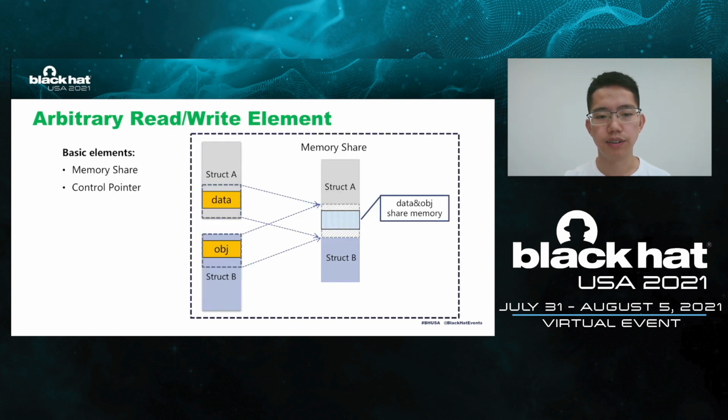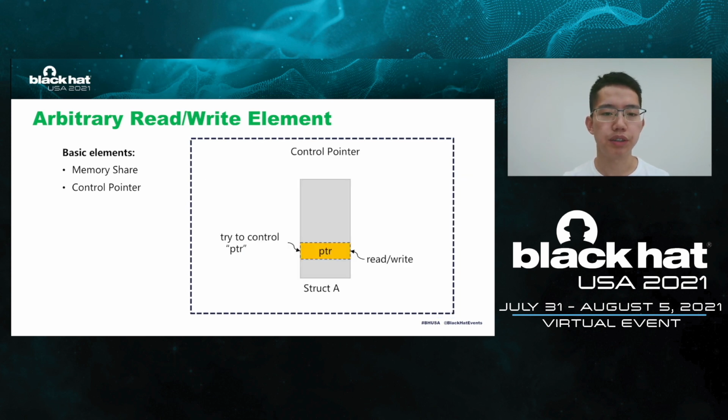Through the analysis of these cases, we found two interesting basic elements. The first one is memory sharing, which means using the shared data to achieve arbitrary read and write. For example, if structure A and structure B overlap, and we can use the pointer in structure B to read or write, then we can control the pointer through structure A to get arbitrary read or write.